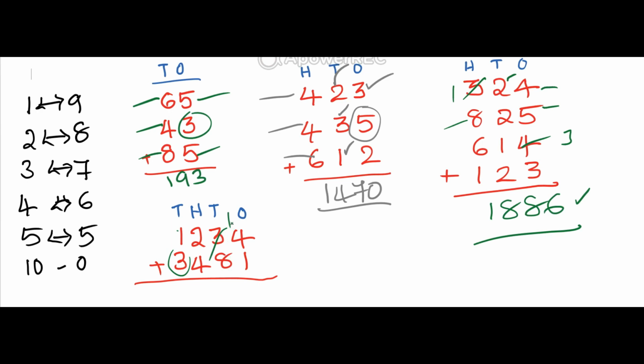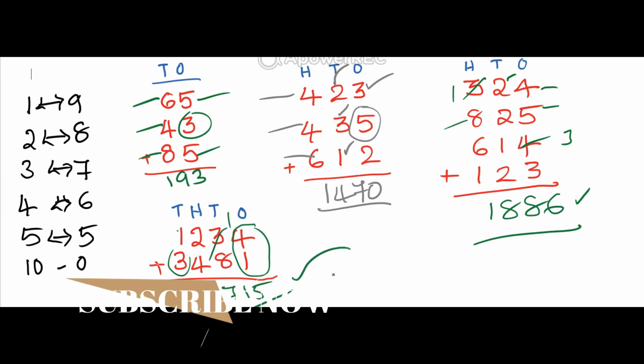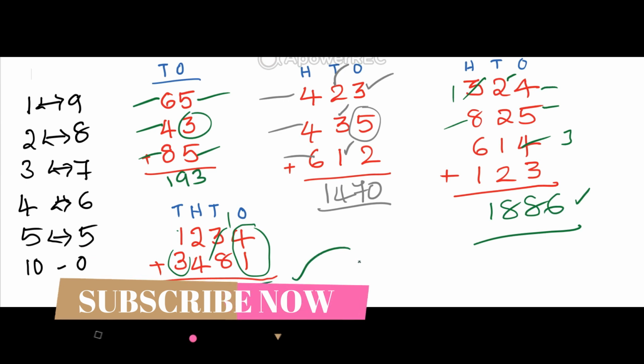So what is remaining? 10. So 4600, 4700, 10, 4715. Okay, like this we can do addition.